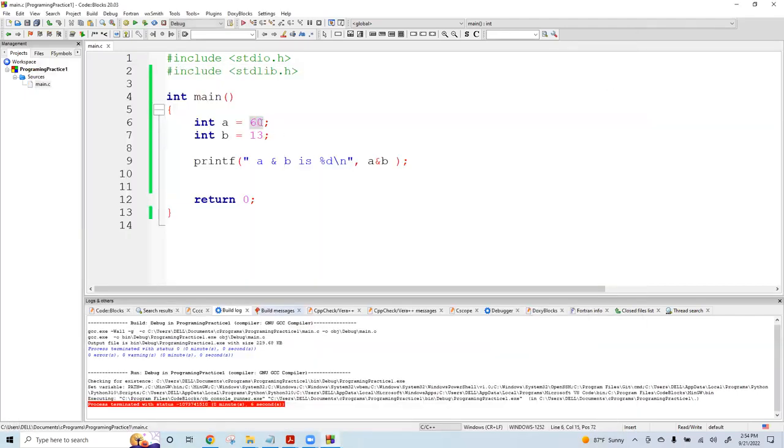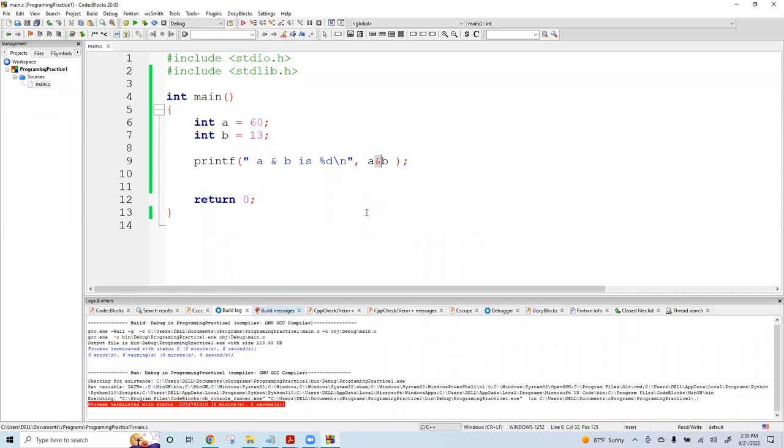Right. Answer is 12. Why is that? In bit level, if we use the AND operator, the result would be this 12.